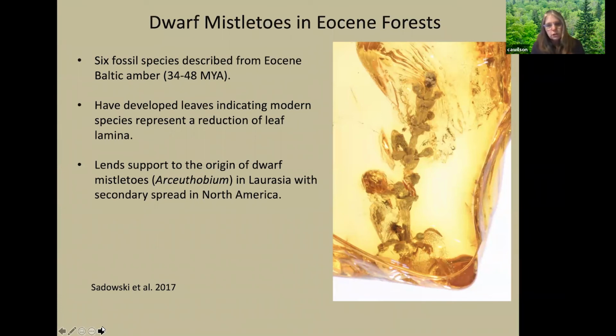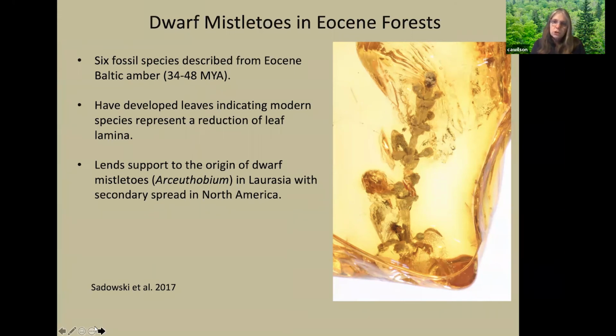Clyde and I, my husband and I, were involved with a colleague on describing some new species that were found in amber. And this is Baltic amber from the Eocene. So 34 to 48 million years ago, in fact, mistletoes were present in the forest.